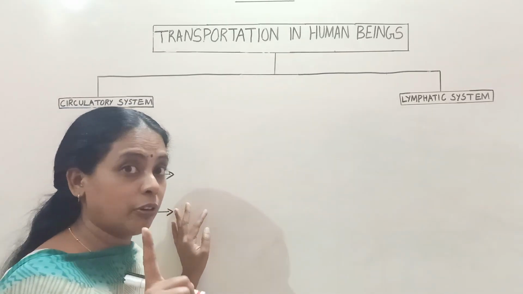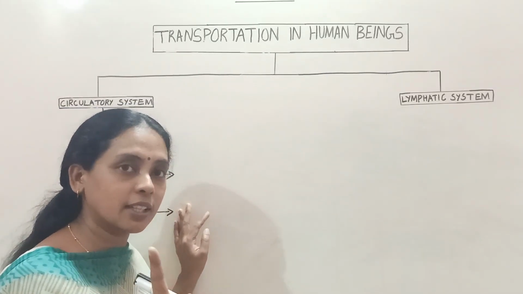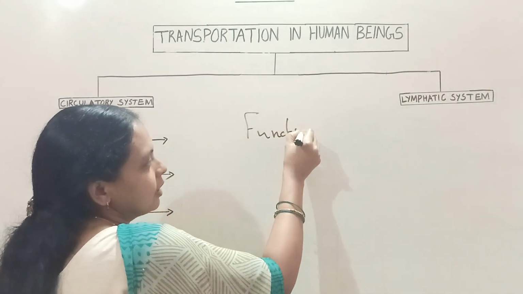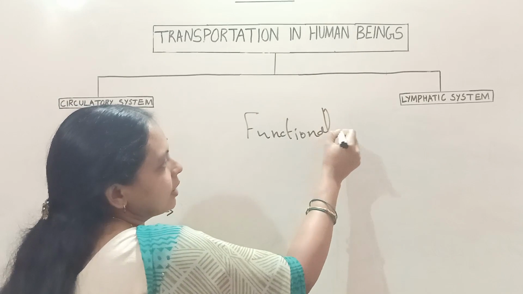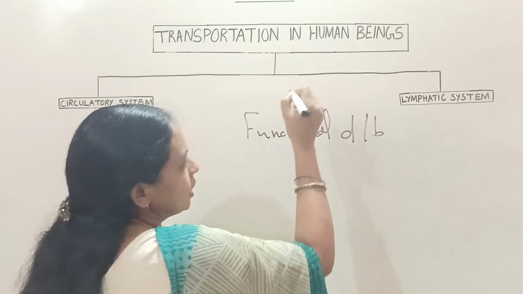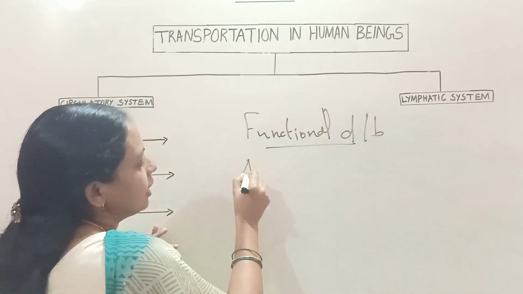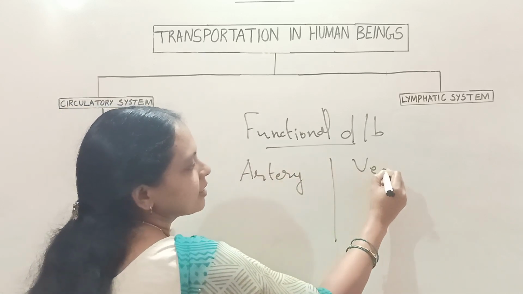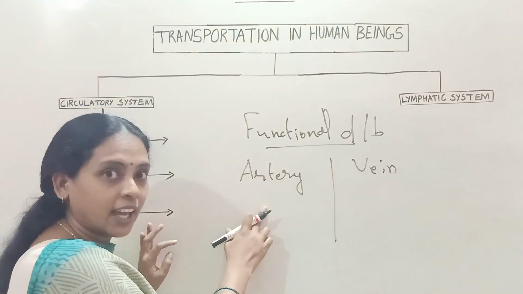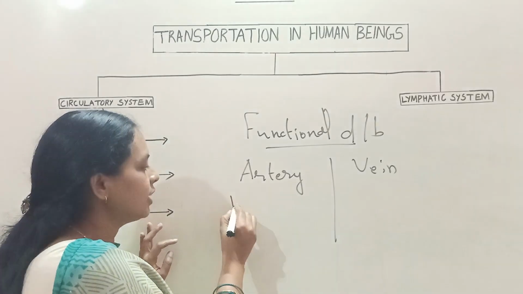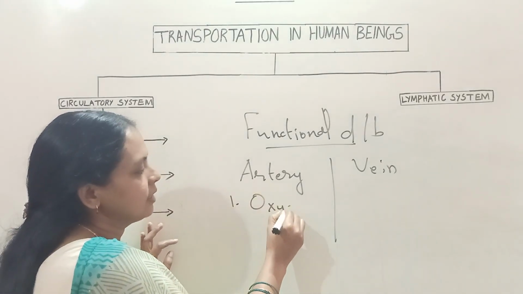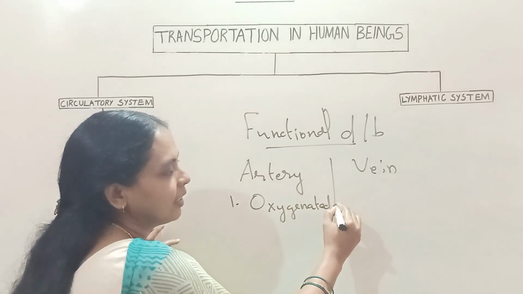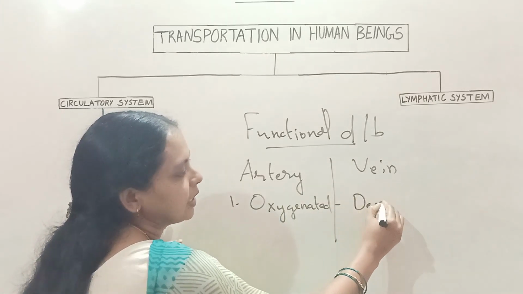Can you tell me the functional differences between artery and vein? Artery carries oxygenated blood, whereas vein carries deoxygenated blood.